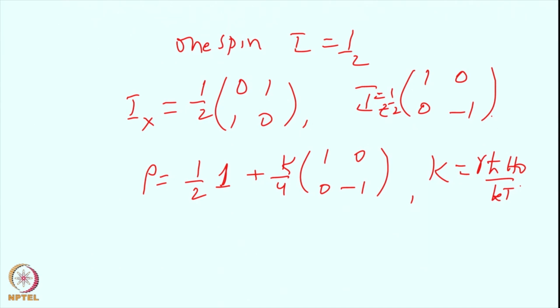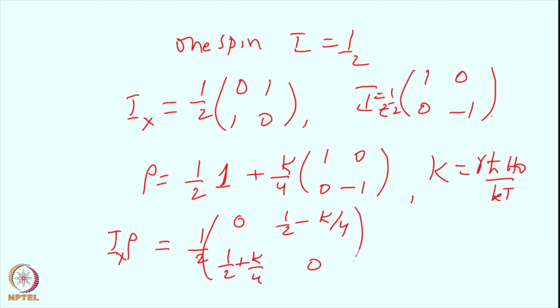Okay. So now putting this together, if you calculate the product Ix rho, this turns out to be half into 0, half minus k by 4, and half plus k by 4, and 0.